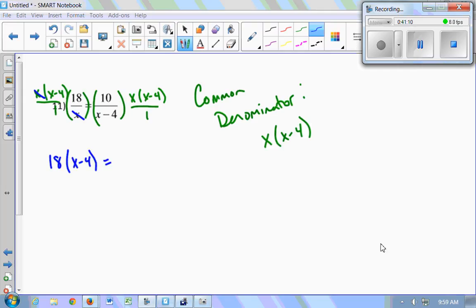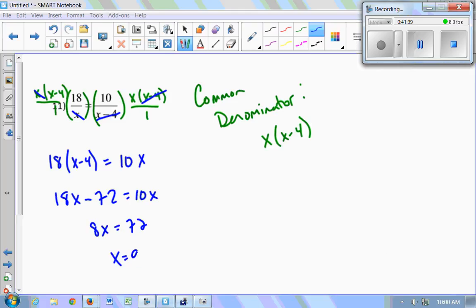And then on the right, I have an x minus 4 on top and on the bottom, so those cancel, and I'm just left with 10 times x. My denominators are just 1, so I don't even have to write them. And now I have an easy linear equation to solve. Distribute my 18. Okay, so I get 8x equals 72, so x equals 9.